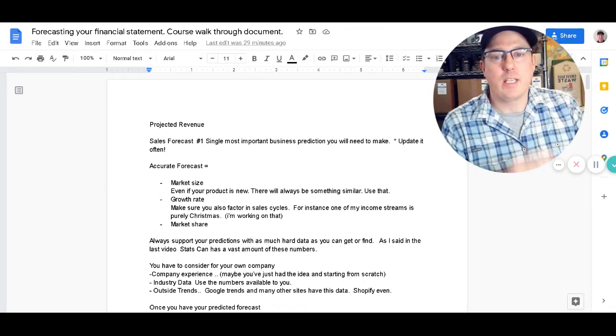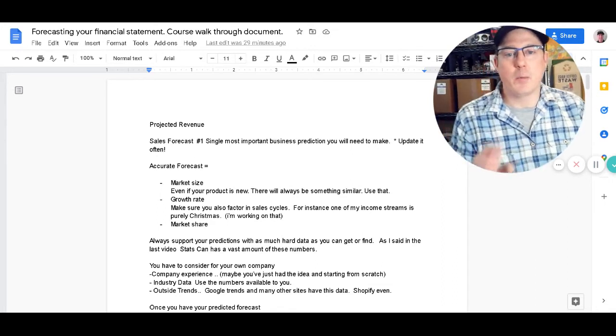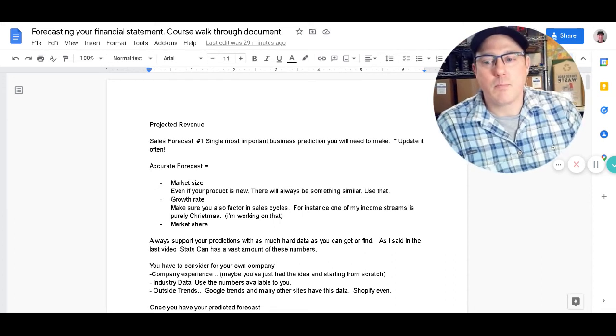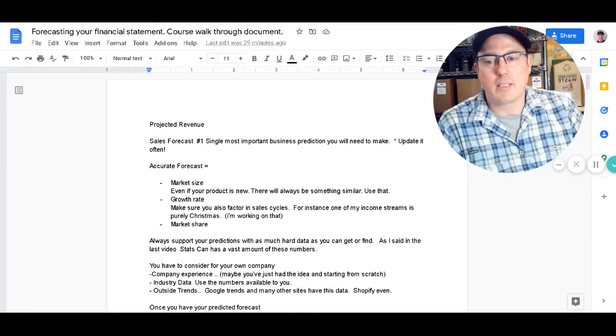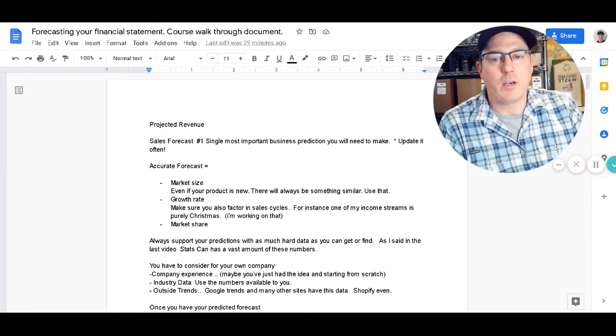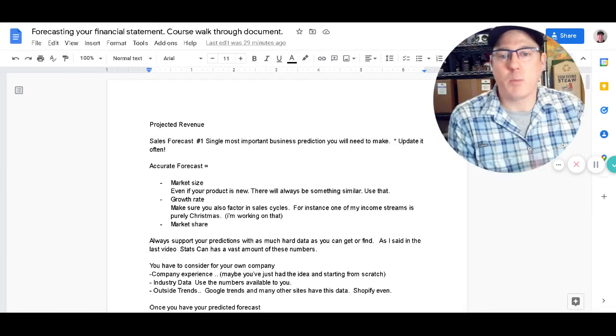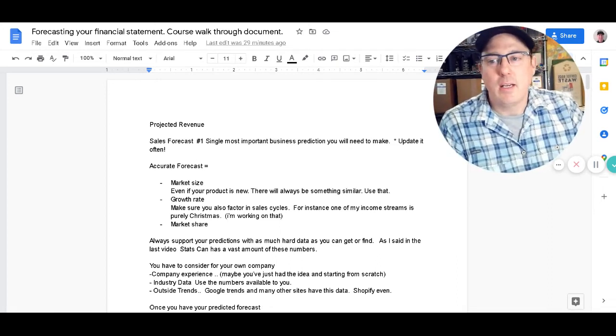And when you see some momentum starting to happen, you take all these numbers, you're going to do them multiple times, and you're going to basically give your bank or give your angel investor all the information they need to make a sound decision on how your company is going to be doing. This is the reason why you're doing your financial statement, and you will hopefully grow your company.